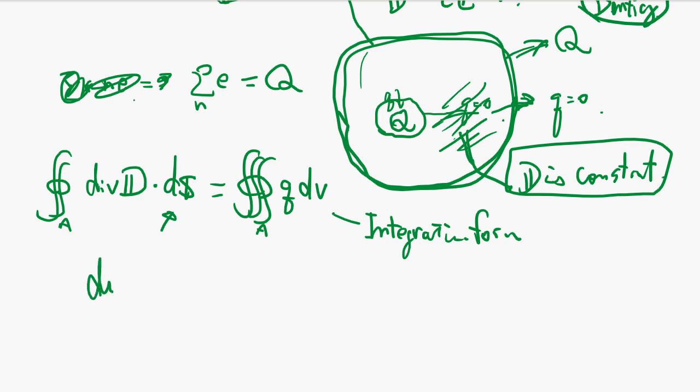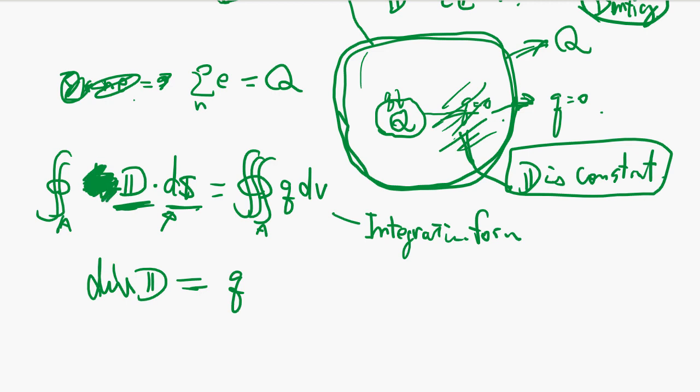Okay, now the derivative form is going to be Q. Oh, I'm sorry, we don't need this here. The flux, you integrate all the flux on the surface of the enclosed area, is going to be the same as this.